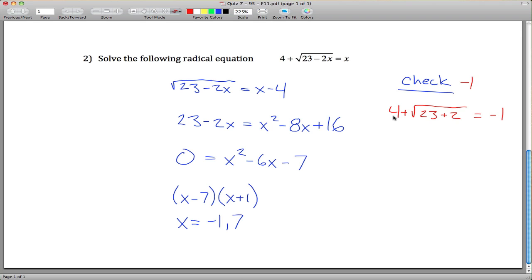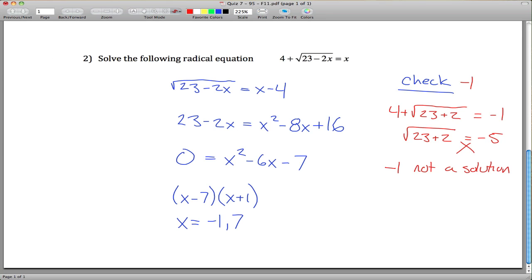If you subtract 4 from both sides, you'd get the square root of 23 plus 2 is equal to negative 5. And I guess we can stop right there, right? The square root's never going to be negative. So we know this can't possibly be true. I think if you simplify this side, you'll get positive 5. So maybe big X there so that you know it's not right. So negative 1, not a solution.